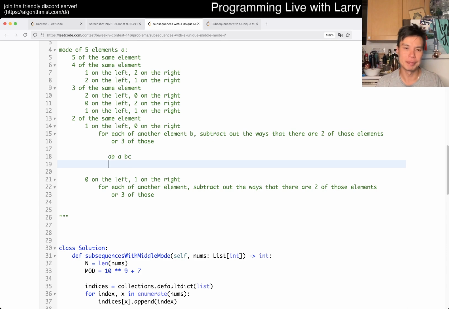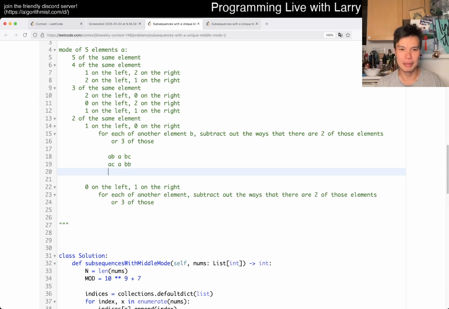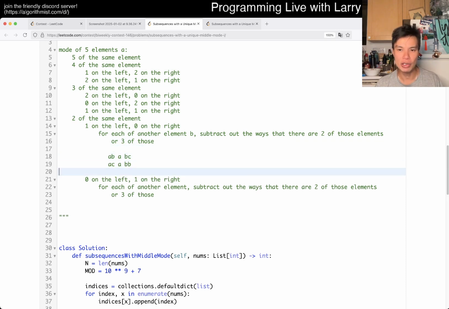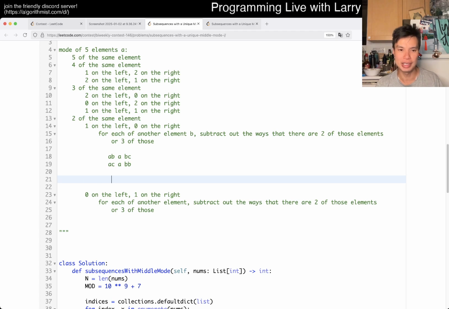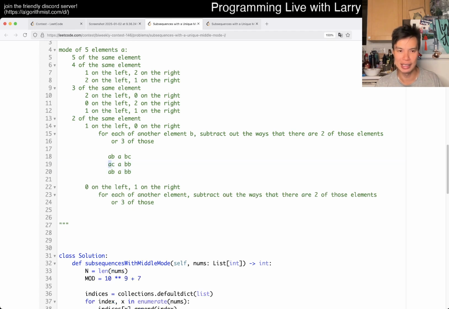But then you can also have A, some C, A, B, B, right? You can also, of course, have 3 of them, which in this case will be A, B, A, B, B, right? Because the extra A is on the left side.